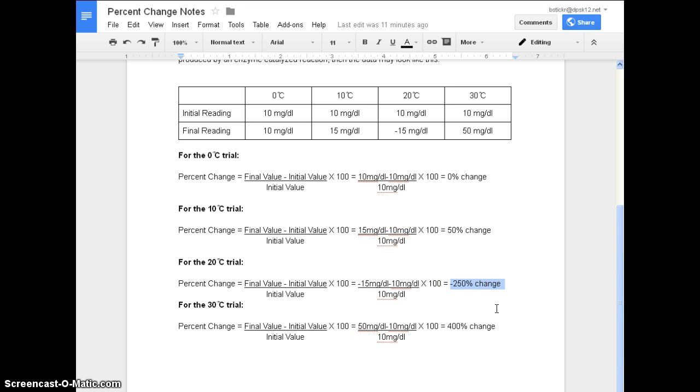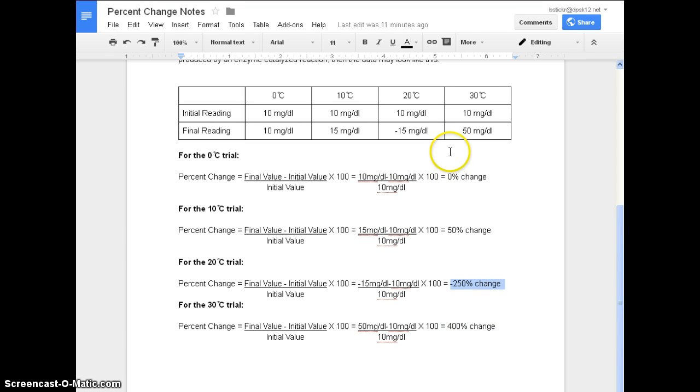So this is saying that the amount of glucose actually decreased by 250% from the initial value. And again, this makes sense because if you start at 10 and you end at negative 15, it's gone down by an entire unit of 10, a second entire unit of 10, and half again by 5. So you've got negative 250% change.